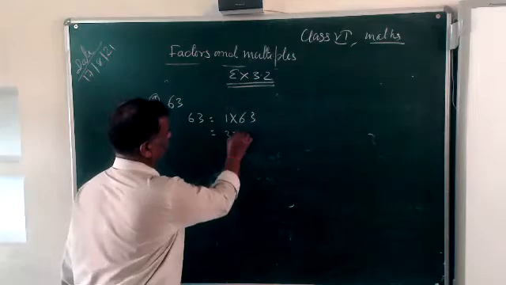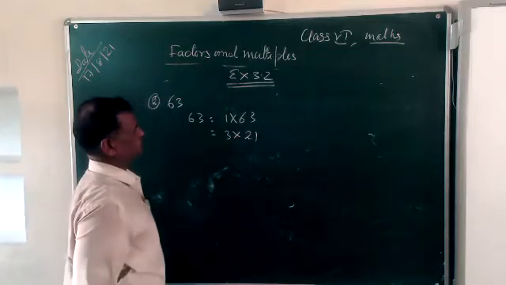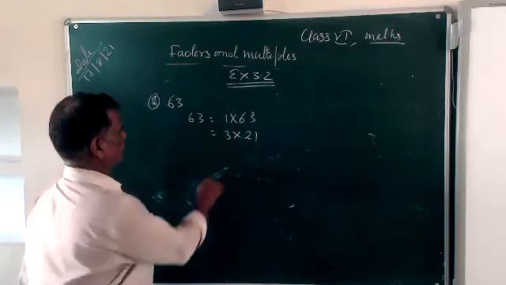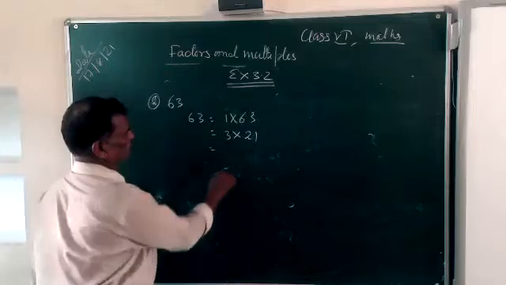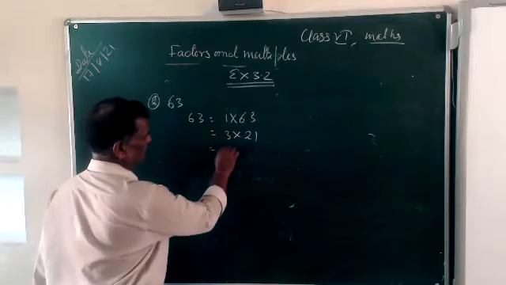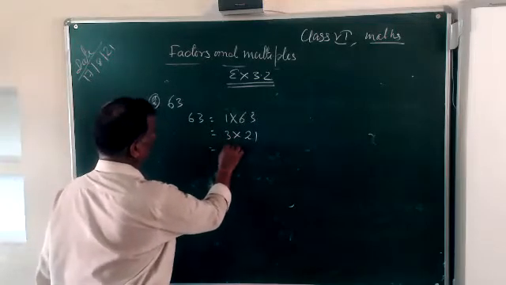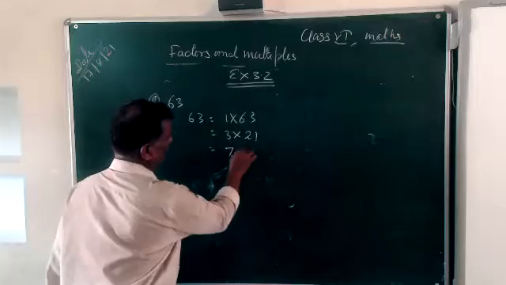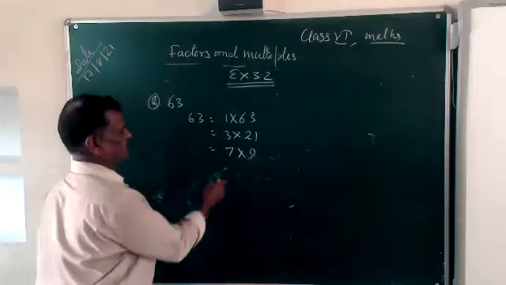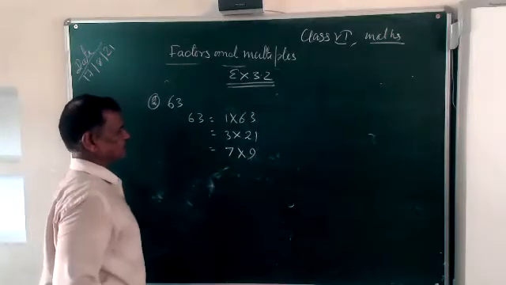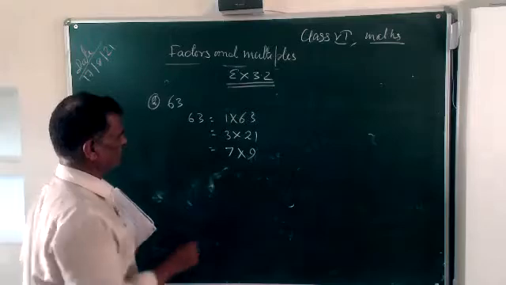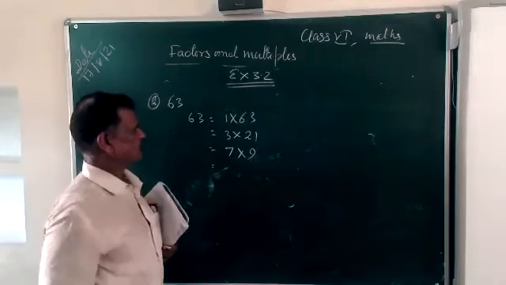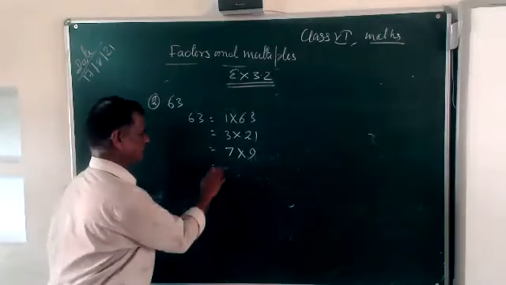So 3 into 21. 4 you cannot write, 5 also not, 6 not. 7 into 9 you can write. 8 you cannot express as a product of 63. 9 into 7 is again coming.